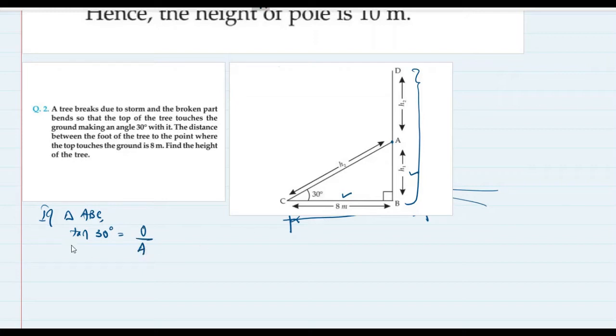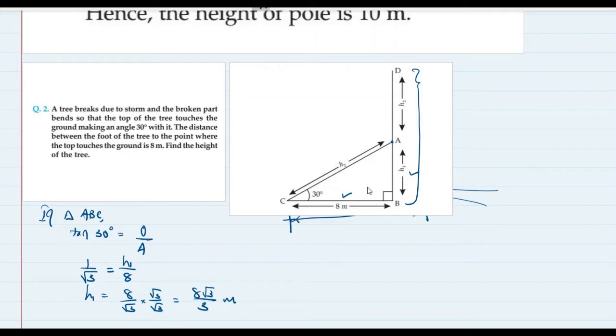Tan 30 is this angle, okay? Tan 30 is 1 by root 3, which is opposite h1 upon adjacent, which is 8. So h1 is equal to 8 by root 3. That is 8 root 3 by 3 meter. Right? So that is h1. Okay? Tan 30. Great.